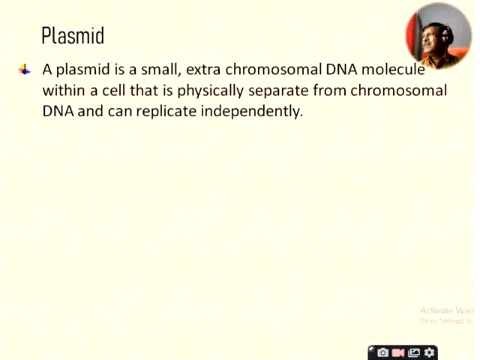Generally, there are two types of DNA present in bacteria. The chromosome is present in all bacteria, but the plasmid is present in only some bacteria, and that plasmid has self-replicating power, or it can replicate independently of the chromosomal DNA.